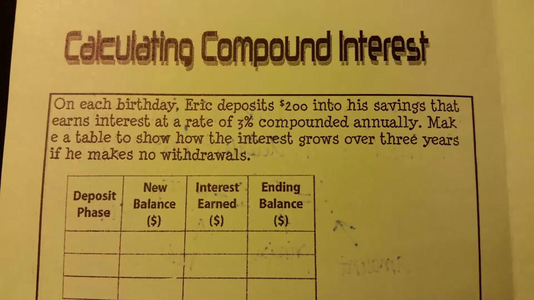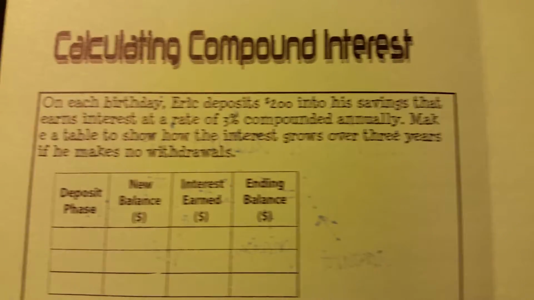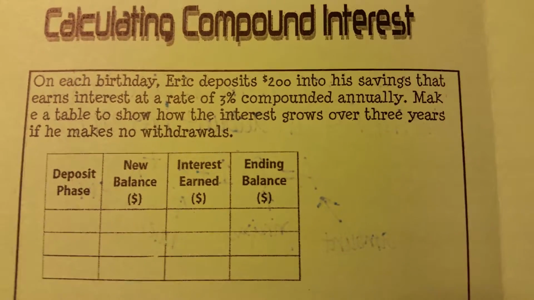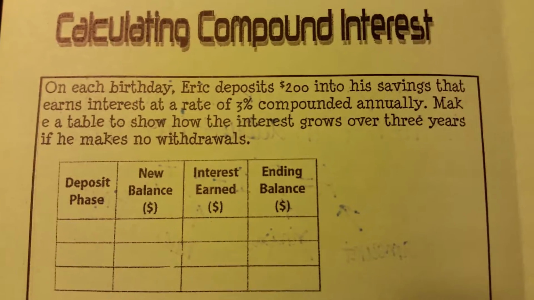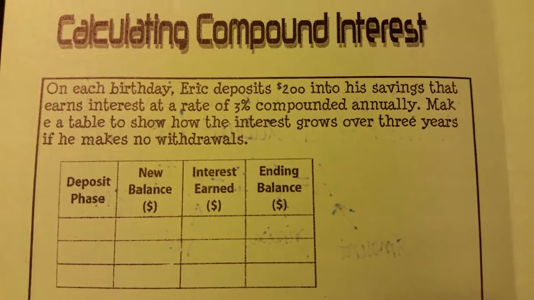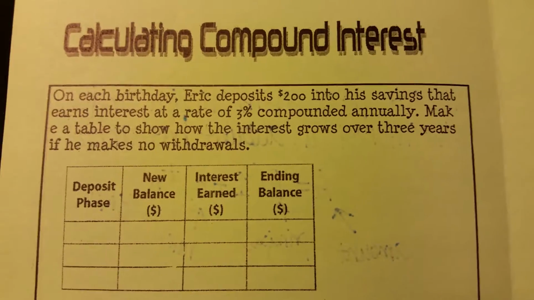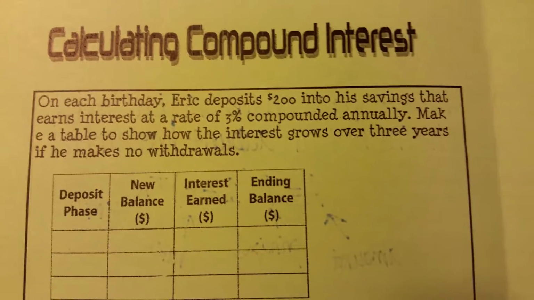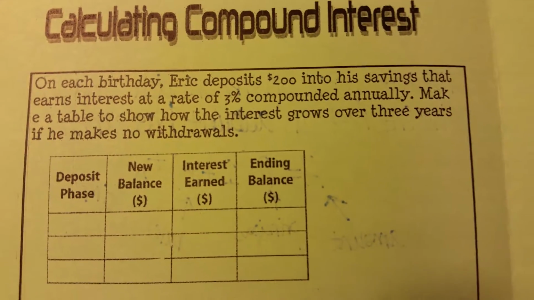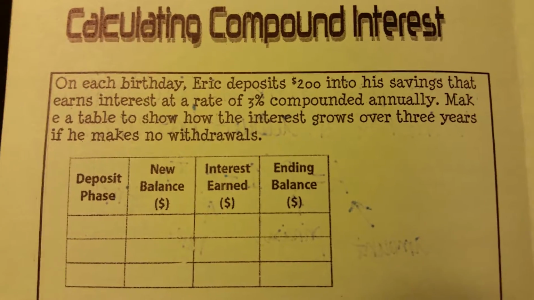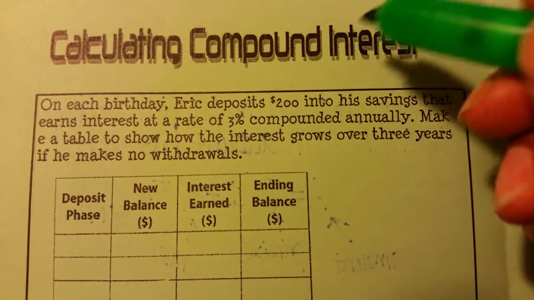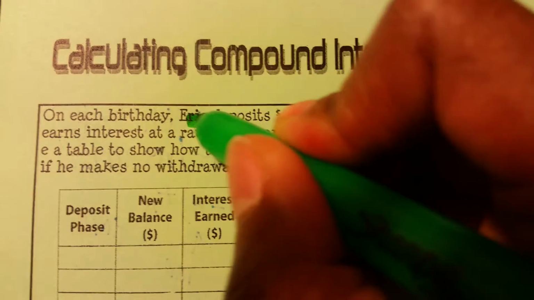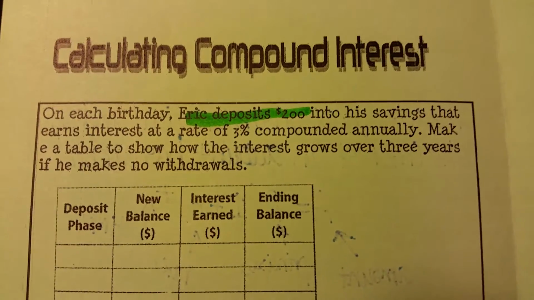Now we're going to jump to calculating compound interest. In this example, we're actually going to use the table to show how we calculate this. Let's look at our example. It says on each birthday, Eric deposits $200. So on each birthday, he's going to put $200 into his savings.